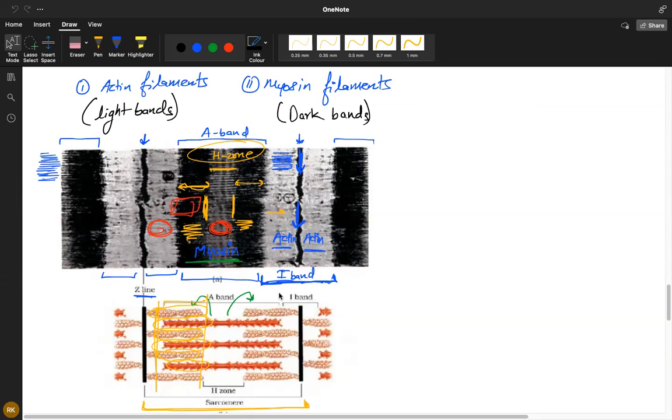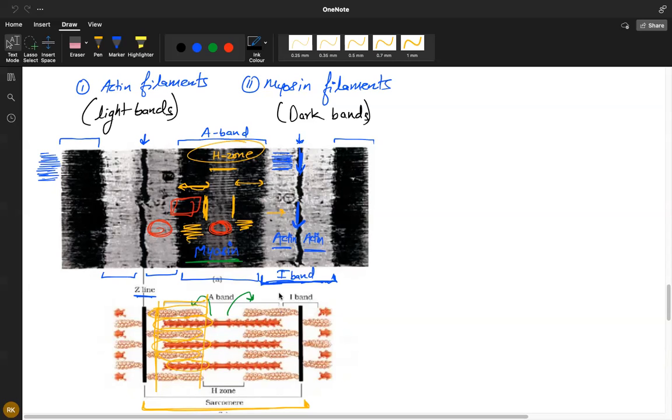Actin is attached by the Z line in the I band, and the A band is the dark band made up of myosin filaments. The A band also has some overlapping actin.